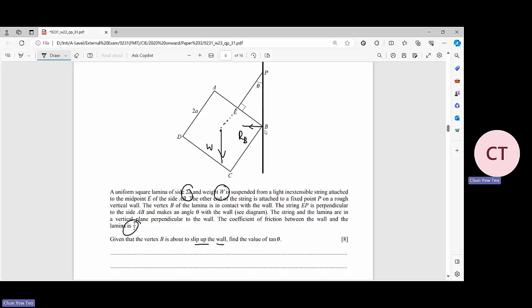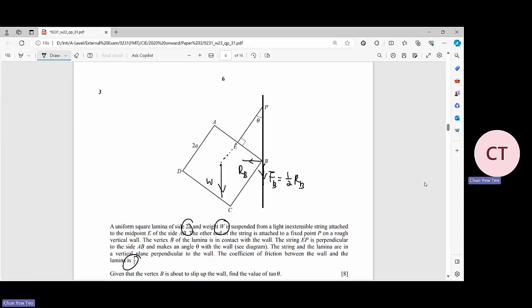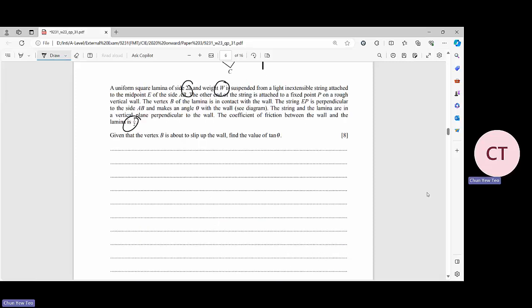If it's about to go up, then your frictional force will go down. And since it's about to slip up, that means you are having limiting equilibrium over here. So that means your FB will be equal to half RB. Okay, so this is what we're having. And the tension is over here. We want to find the value of theta.